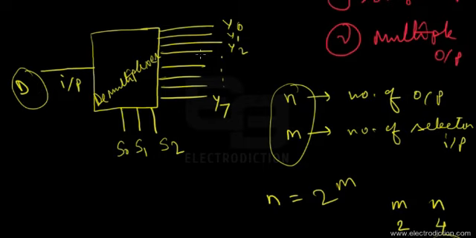Let's say we select the line Y1, then the input data would be transferred to the output line Y1, and we would obtain the data D from the output of Y1, while the other output lines would just be in their don't care state.